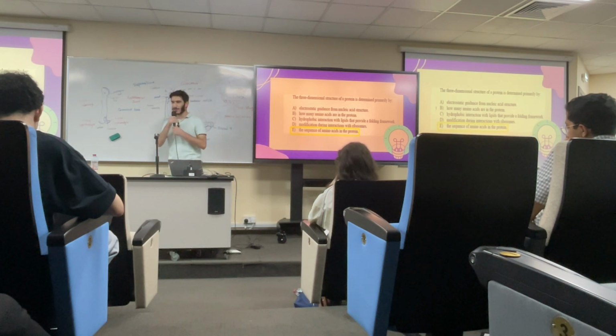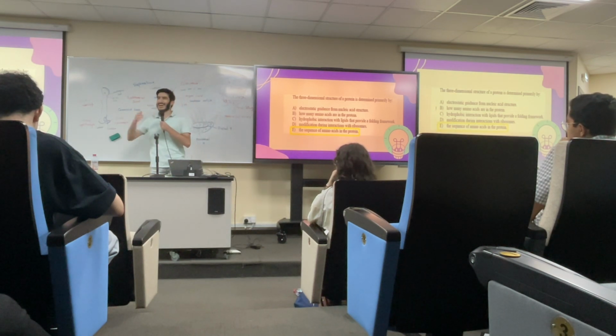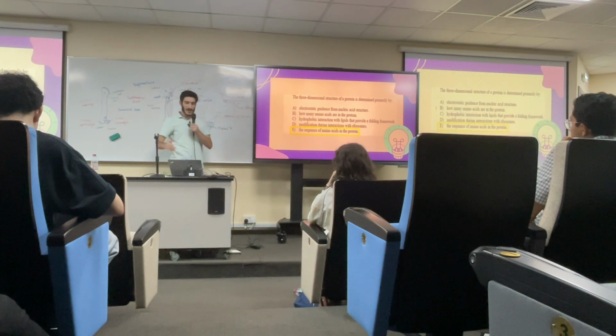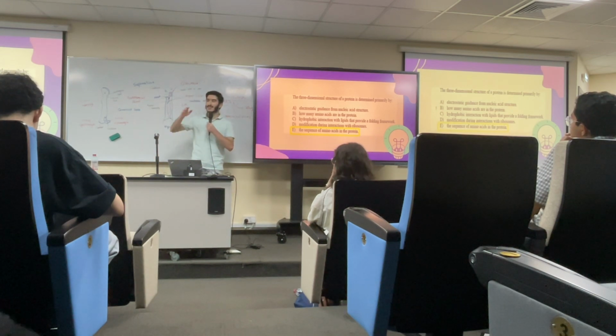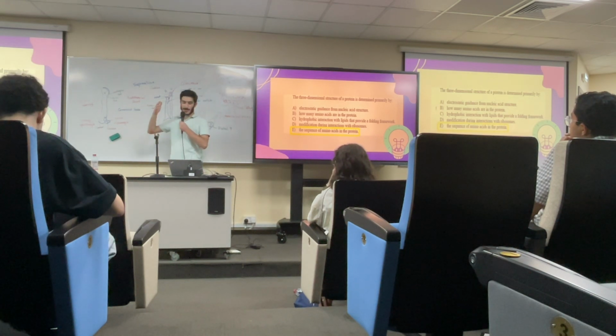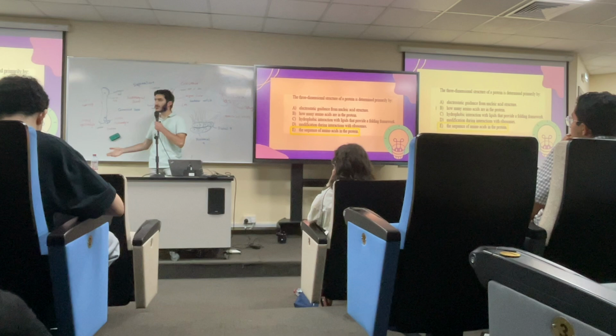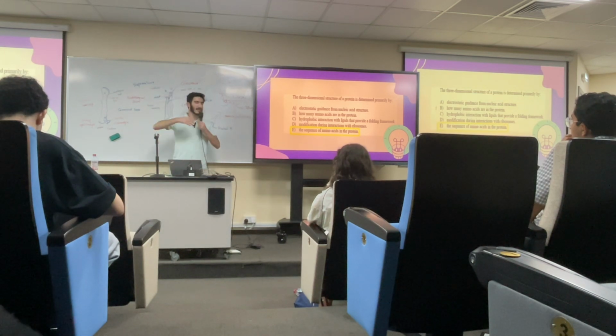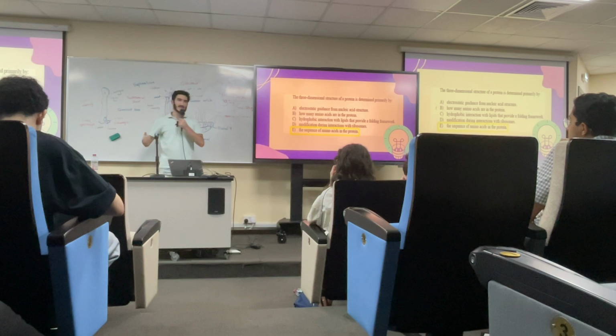Yes, that's absolutely correct. Amazing answer. So in the book, they explained it in the way that the R groups are the determinants of the 3D structure. So this is just a reiteration of the answer. The sequence of amino acids is the sequence of how the R groups are arranged.